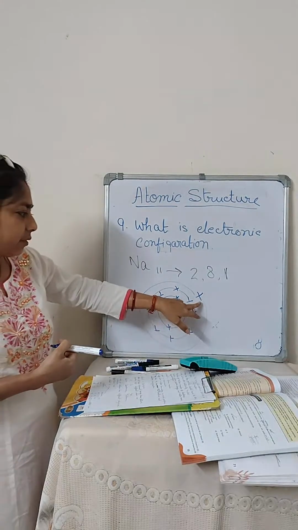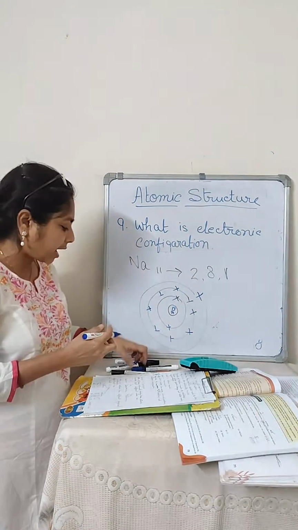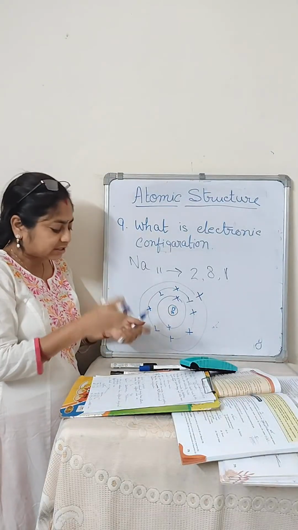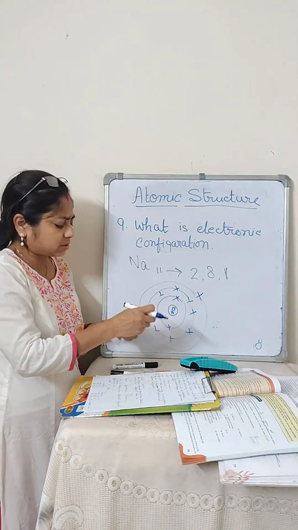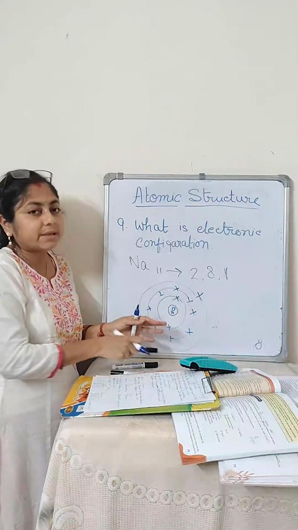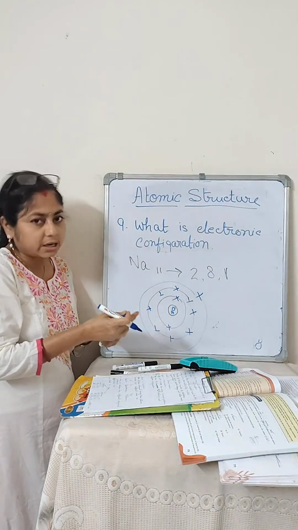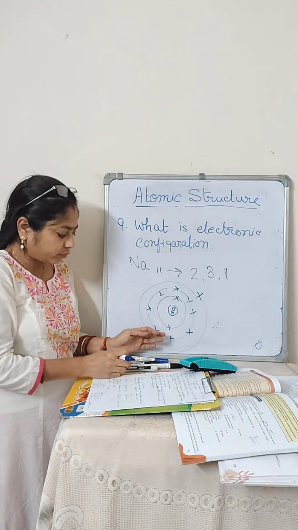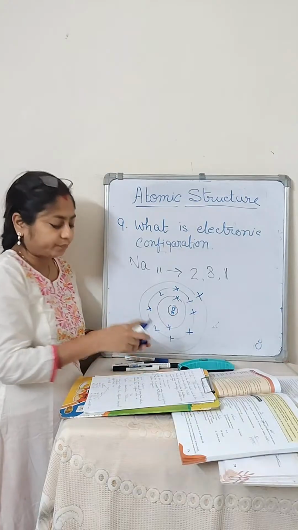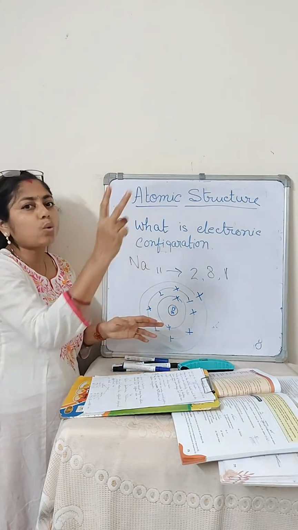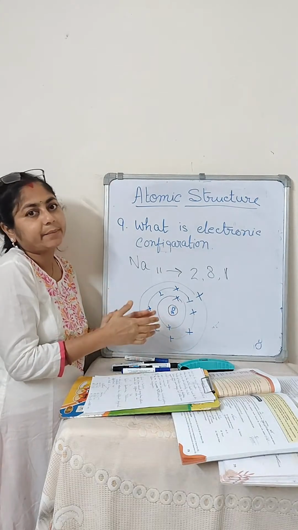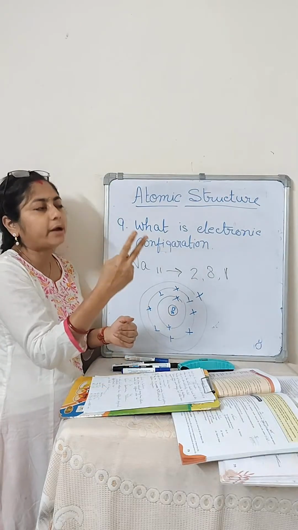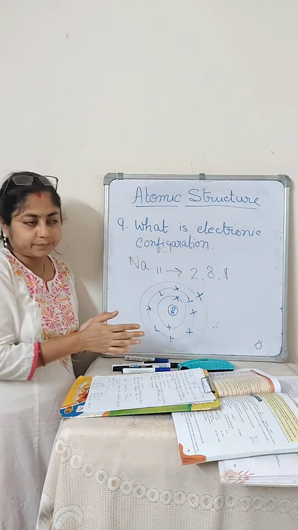All atoms want stability, so they want their outermost shell to have 8 electrons. But here it has 1 electron. Then what is the procedure? Two ways. Number one, sodium can take 7 electrons from others. Second, it can donate 1 electron.